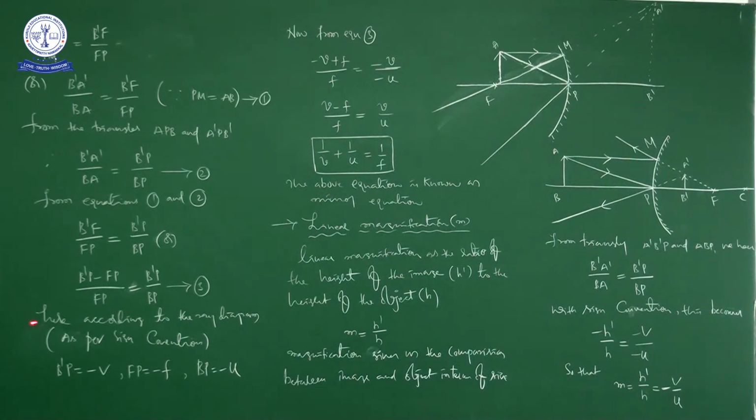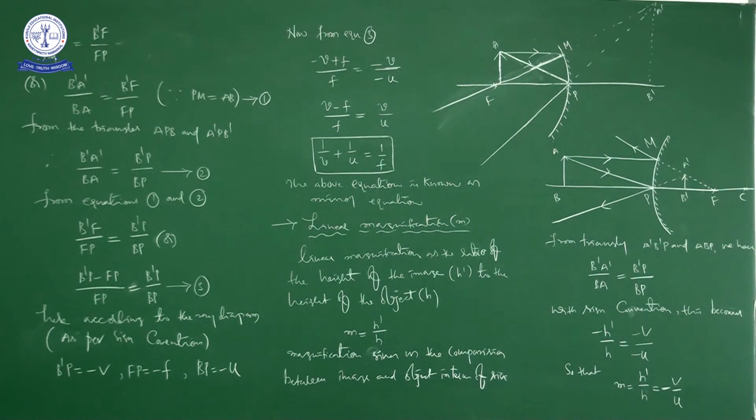Now, according to the ray diagram and as per sign convention, B'P gives us the image distance, right? You are measuring opposite to the direction of the incident ray. I already told you all the distances should be measured from the pole onwards.